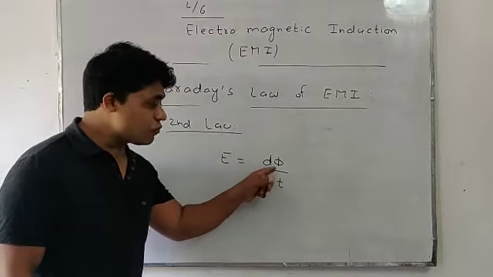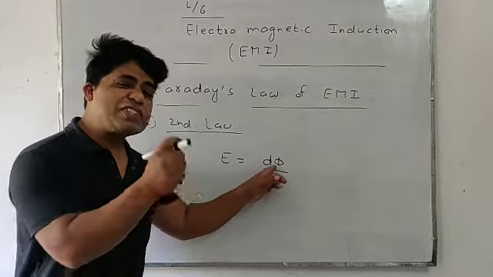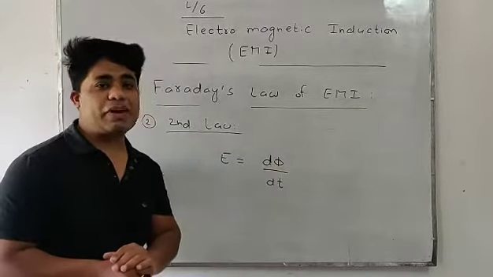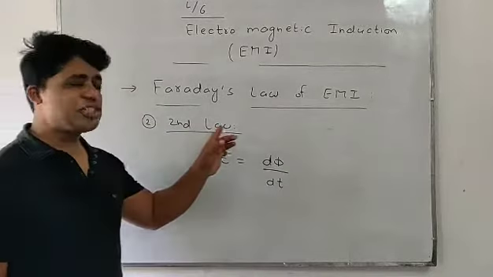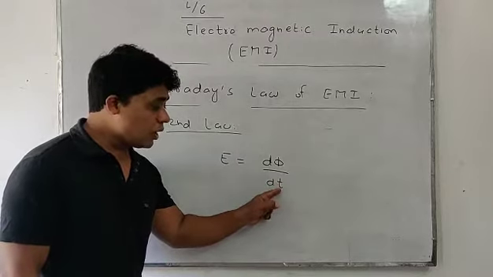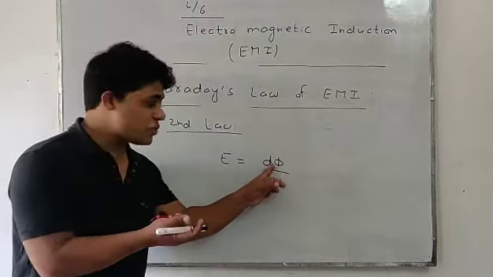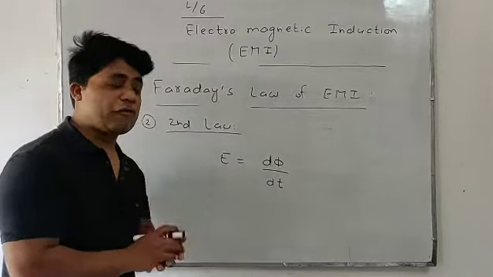It means if the rate of change in flux is more, it produces more EMF. When the rate of change in flux is less, it produces less EMF and less current. So basically, Faraday's second law is E equals d phi by dt. The rate of change in magnetic flux always equals the induced EMF.